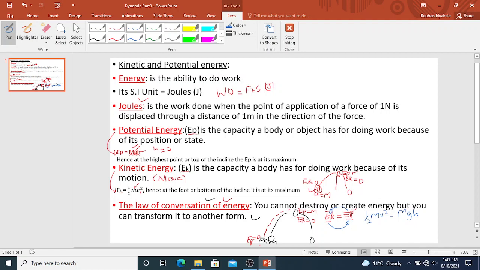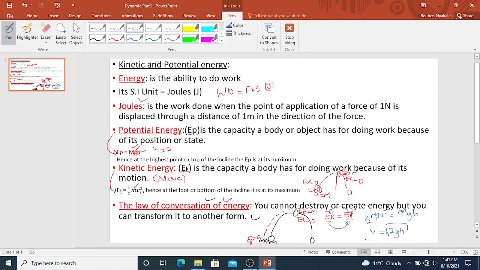We will be equating the two, EK equals EP, in calculating the v. The mass and the mass will cancel out. Then you will have v squared equals 2gh.